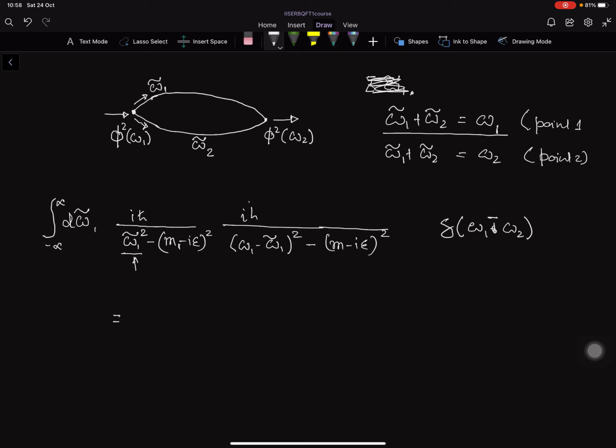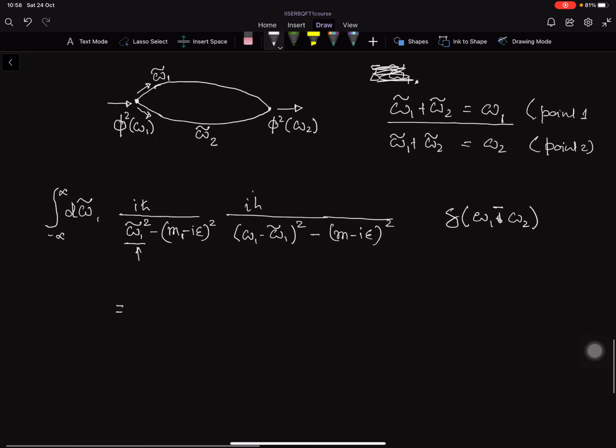This integral you can do easily, and this integral will become, I think, 1 over m.